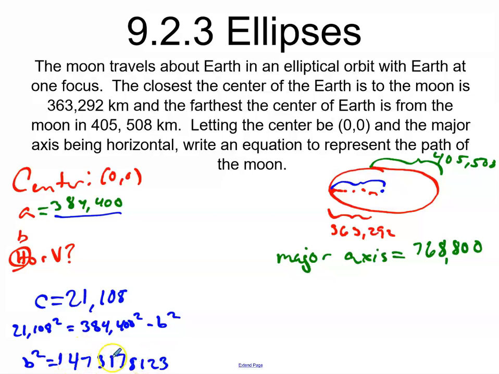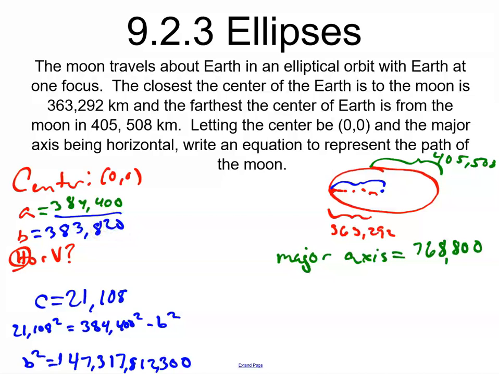So 1, 2, 3, 4, 5, 6, 7, 8, 9, 10, 11. And our b is going to be the square root of that number. So we get our b equaling 383,820.